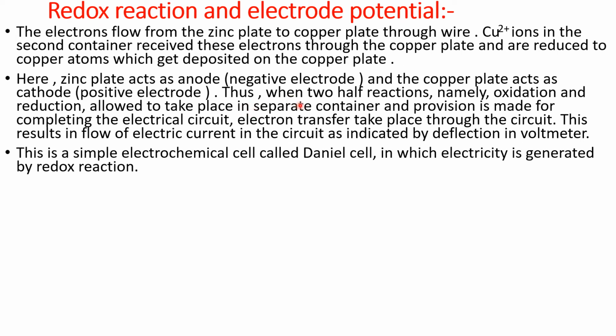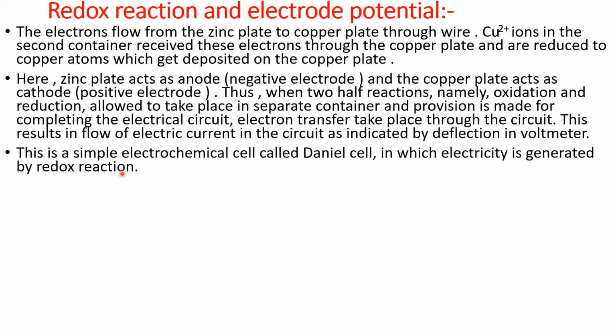Thus, when two half reactions, namely oxidation and reduction, are allowed to take place in separate containers and provision is made to complete the electrical circuit, the electron transfer takes place through the circuit. This results in flow of electric current, as indicated by deflection in the voltmeter.